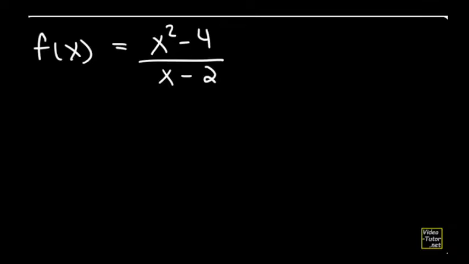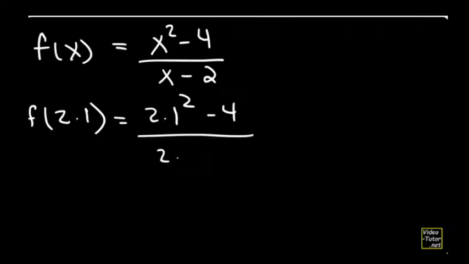So what happens when x is, let's say, 2.1? If we plug 2.1 into the function, you should get 4.1.